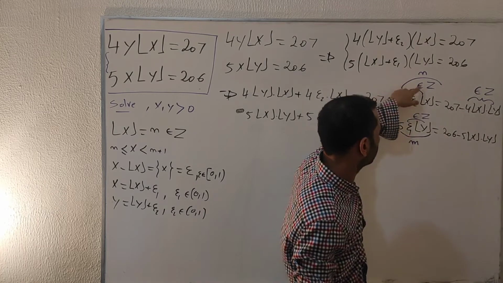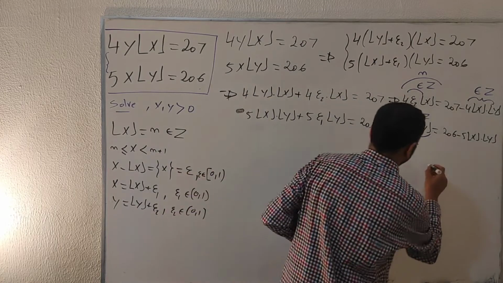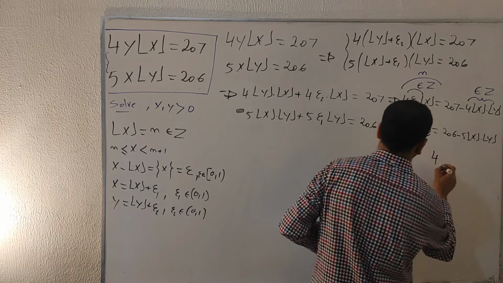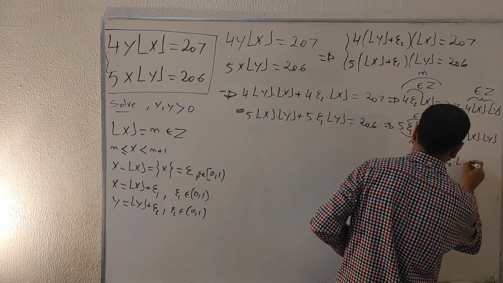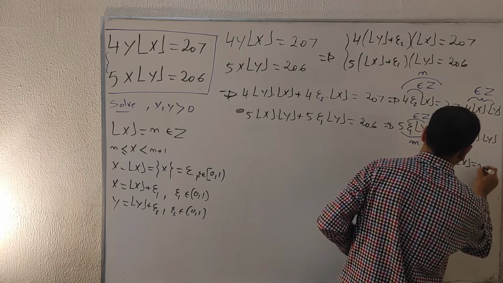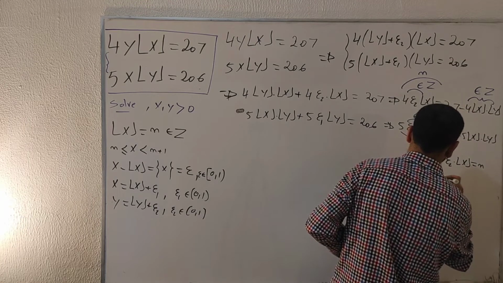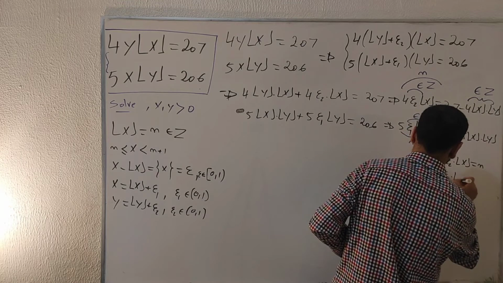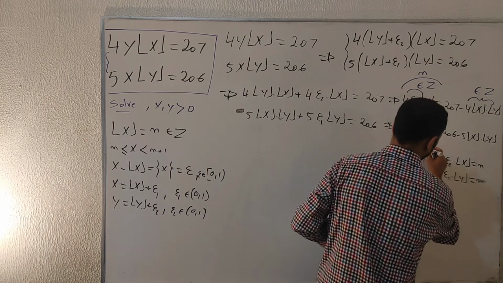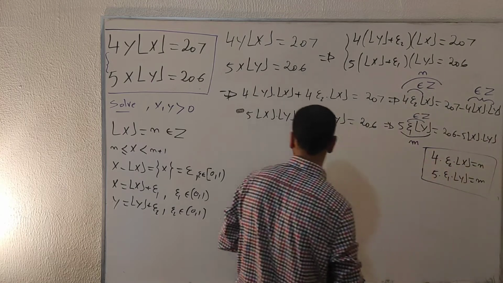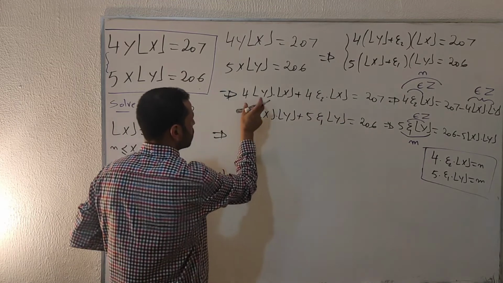So the whole left-hand side of this equation is an integer, which means I get 4 multiplied by epsilon 2 multiplied by the floor of x equals n. For the second equation, I get 5 multiplied by epsilon 1 multiplied by the floor of y equals m. I'm going to save this for later. Now I'm going to replace this one with n, this one with m.